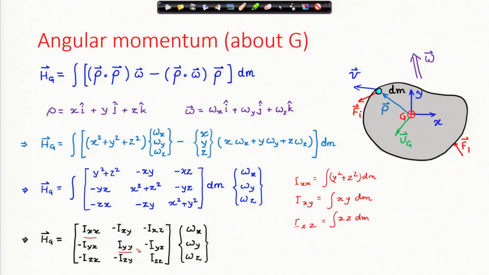These are therefore I x x, I y y, I z z, the terms which appear on the diagonal, they are the moments of inertia, and the off diagonal terms are the products of inertia.